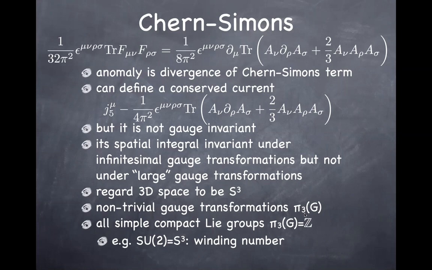So if a map can be continuously deformed to another map, you consider them to be the same. But if they are not continuously deformable to each other, then that's considered to be a separate class. And if the map winds around in a non-trivial way, once, twice, 3 times, you can't continuously change from 1 to 2. So they are considered different classes, which are parameterized by the integer, which is the winding number.